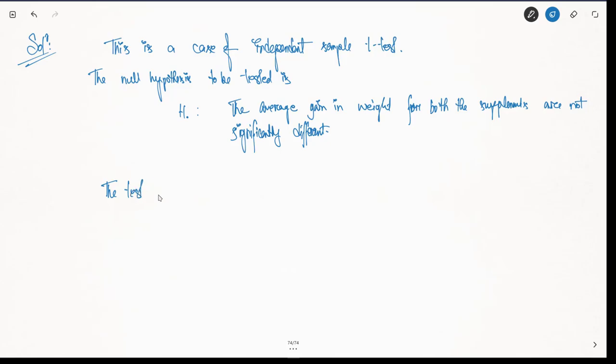The test statistic to test H0 is t equal to x1 bar, or if you are not comfortable with this suffix 1 or 2, you can simply write x bar minus y bar over root of S times 1 by n1, or even if you are not comfortable with n1 and n2, you can use 1 by n plus 1 by m.